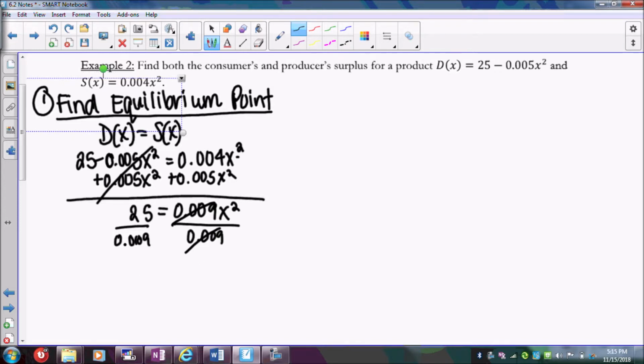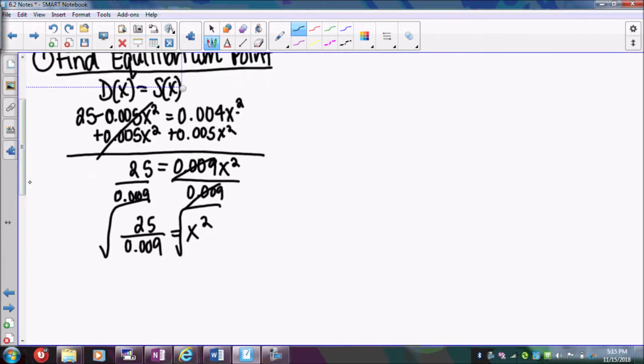So I'm going to say that 25 over 0.009 equals x squared, and then just square root both sides. That way we can just type that in our calculator. And you're going to end up getting a rounded value, which is fine. It just means that we're going to have a rounded x and a rounded p when we go to solve this.